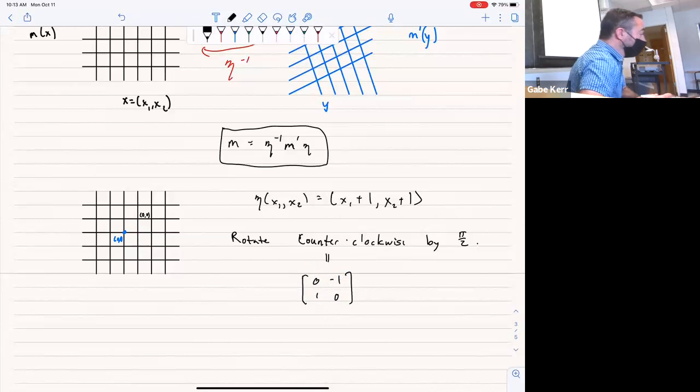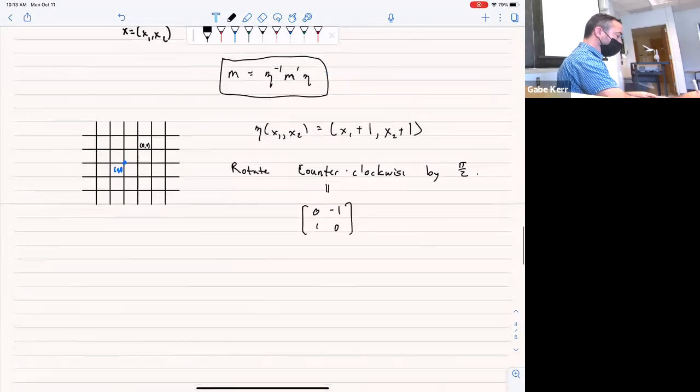So you know how to write it in your coordinate system, but I want a formula in my coordinate system. So all I do is I use this for my coordinates, m of x1, x2.